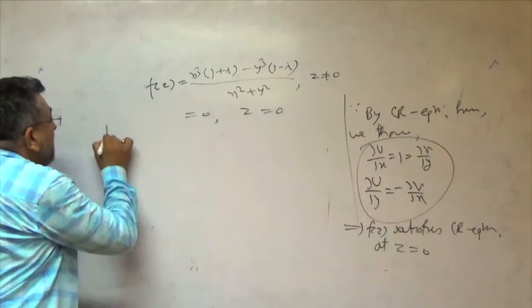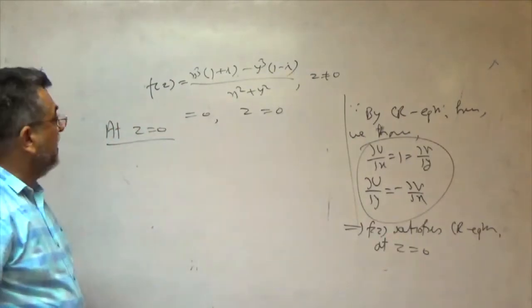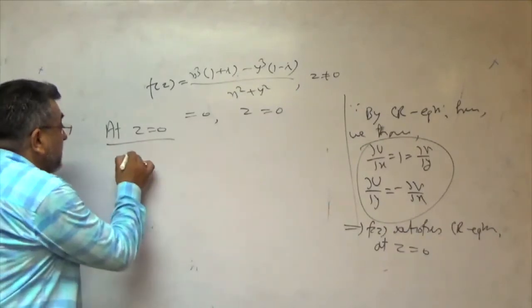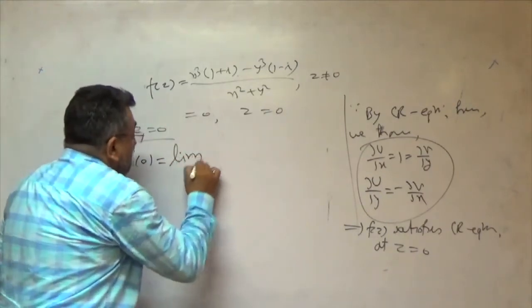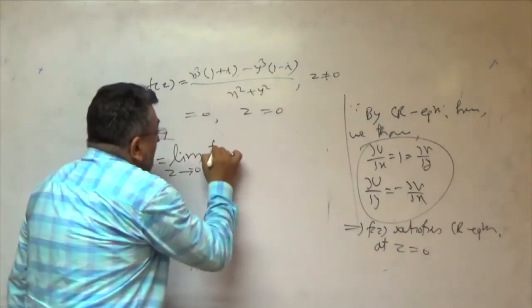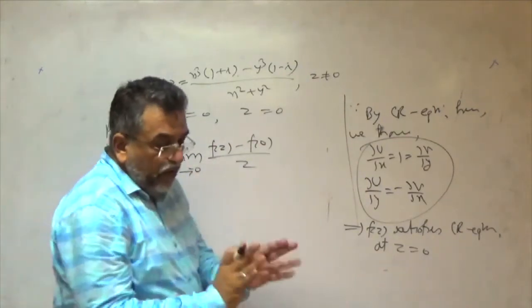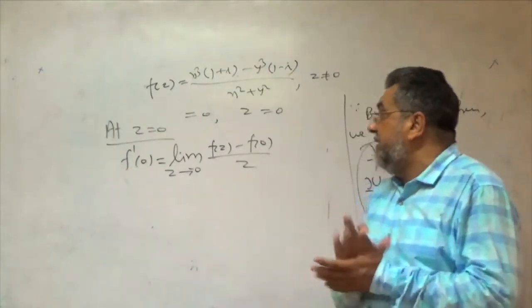Now we have to check the differentiability at z equal to 0. Again we use the first principle. By first principle, f dash 0 is the limit z tending to 0 of (f(z) minus f(0)) upon z. That is the formula by the first principle of differentiability.